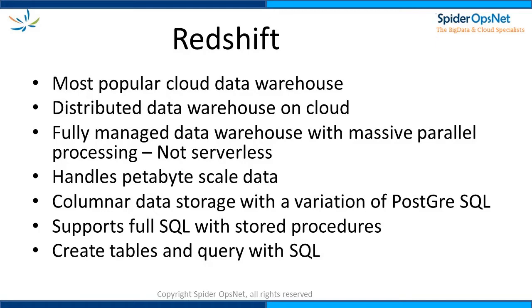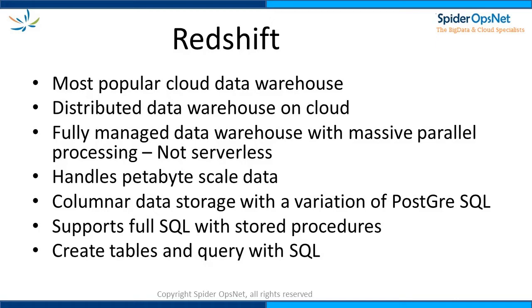Amazon Redshift is the most popular data warehouse on the cloud. I am currently supporting many clients. Some are moving their in-house Oracle data warehouse to Redshift, and others are moving their massive Microsoft SQL Server databases to Redshift. It is a fully managed distributed data warehouse on the cloud, built on big data principles. It was not serverless until now, as you had to provision an initial base cluster.